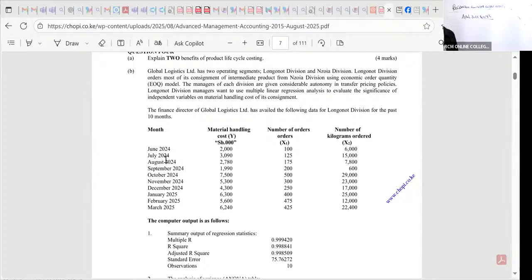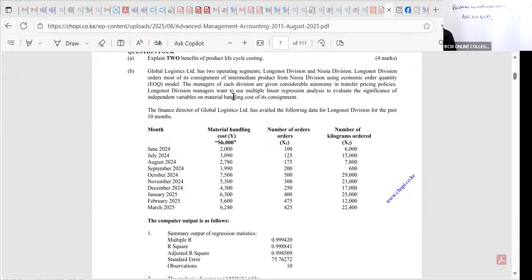I read: Global Logistics Limited has 2 operating segments, Longonot Division and Nzoia Division. Longonot Division orders most of its consignment of intermediate products from Nzoia using the EOQ model. The managers of each division are given considerable autonomy in transfer pricing policies.